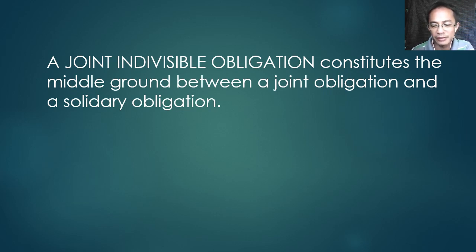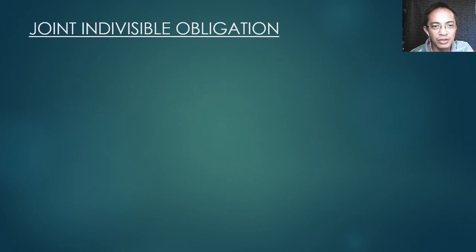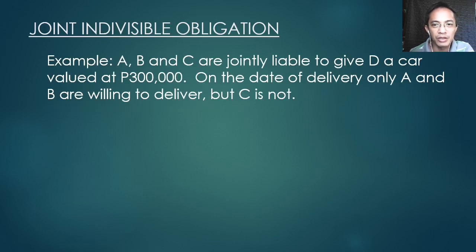Yun ang problema dito. So sa example, A, B, and C are jointly liable to give D a car valued at 300,000. On the date of delivery, only A and B are willing to deliver, but not C. Now, take note, class, that the object is a car. It is indivisible. Pero, they are jointly liable.